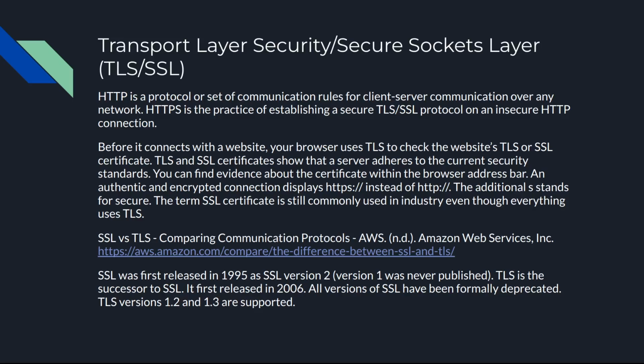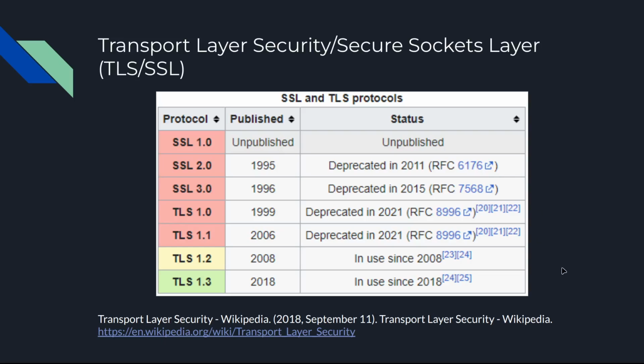All versions of SSL have been formally deprecated. TLS versions 1.2 and 1.3 are currently supported. So there you see right there, TLS 1.2 has been around since 2008, and 1.3 is a little bit more recent, since 2018. I guess we'll probably see another one in the next 5 years or so. I don't know. We'll see.